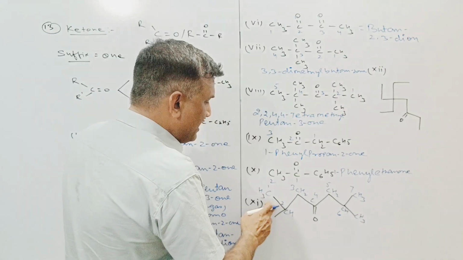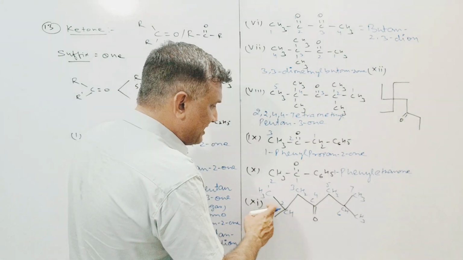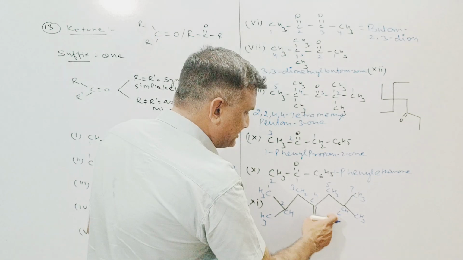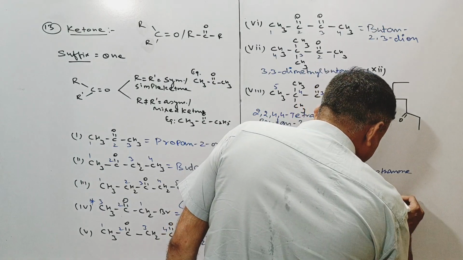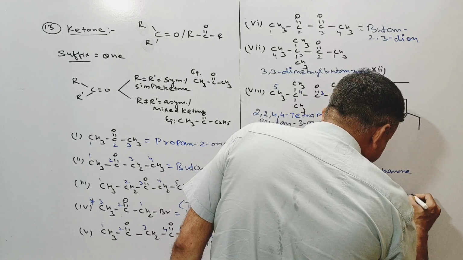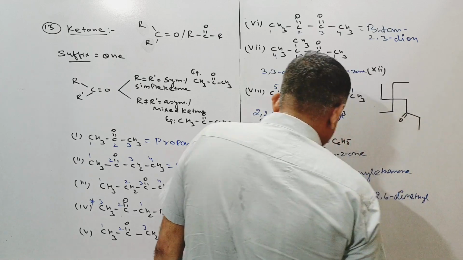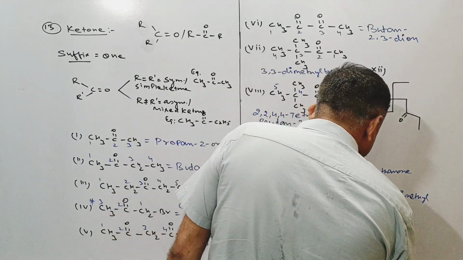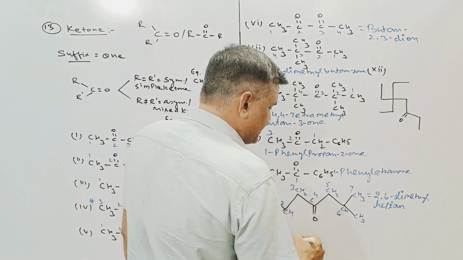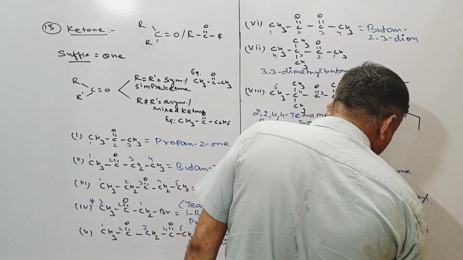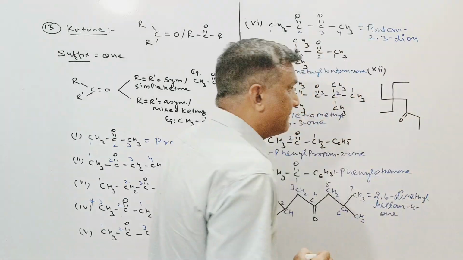So at number 2 position there is methyl and at number 6 position there is methyl. So 2,6-dimethyl, and with 7 carbons it will be hept-an. At number 4 position there is -one, so it will be 4-one, the name of the compound.